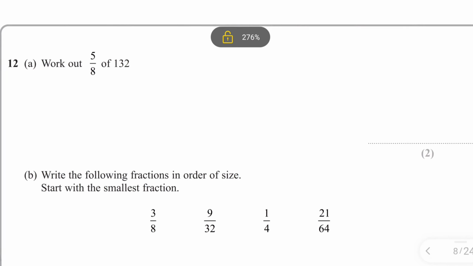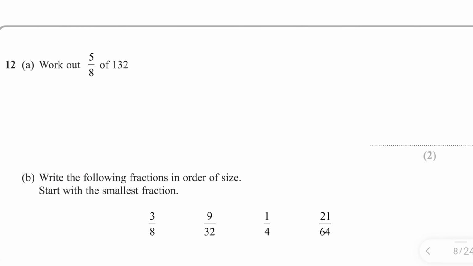So question 12, work out 5/8 of 132. That's easy. So 8 into 13, that is 1, remainder 5, so that's 52, and 8 into 52 is 6, which is 48, remainder 4, add 0, that is 5.